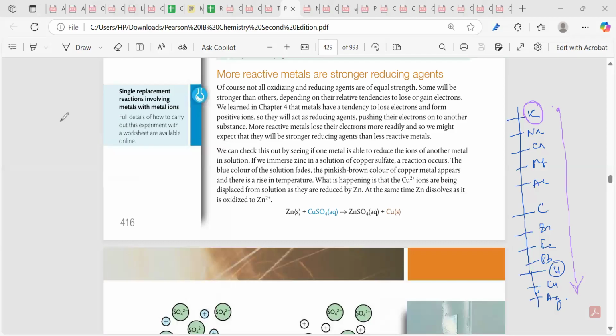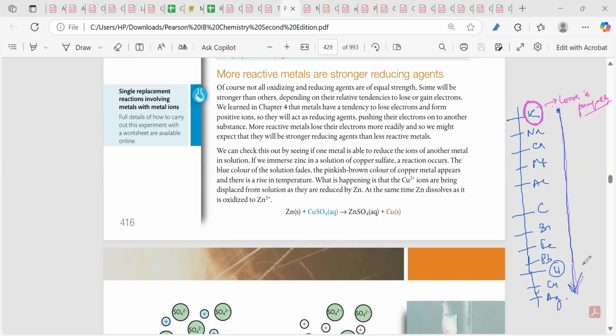Now, if any metal is more reactive, it will be losing electrons powerfully. If a metal is up the reactivity series, it will lose electrons powerfully. And if a metal is below in the reactivity series, it will have less power.